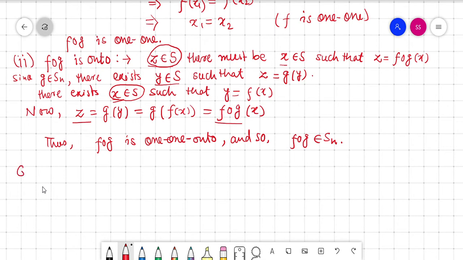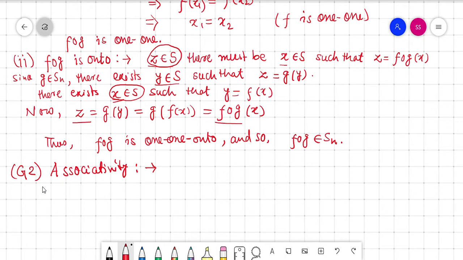Now we go to G2. What is G2? You know, G2 is the associativity of composition of mappings.